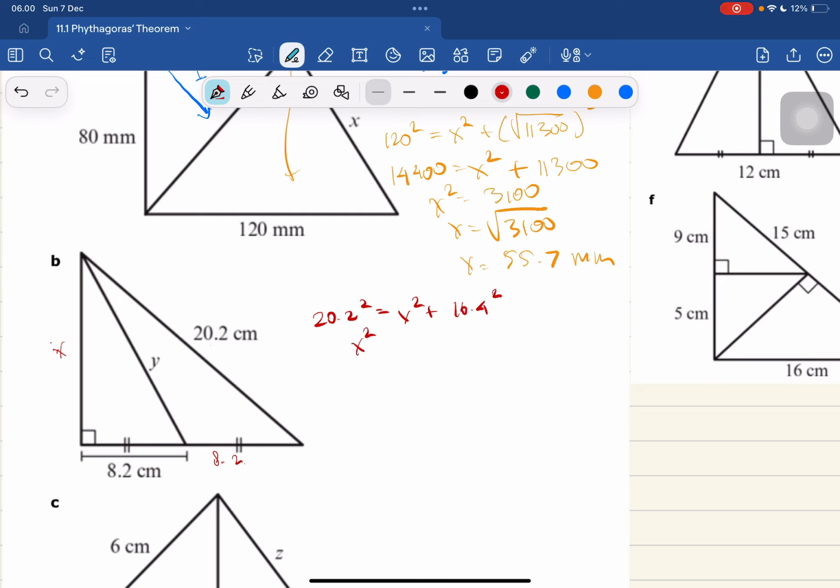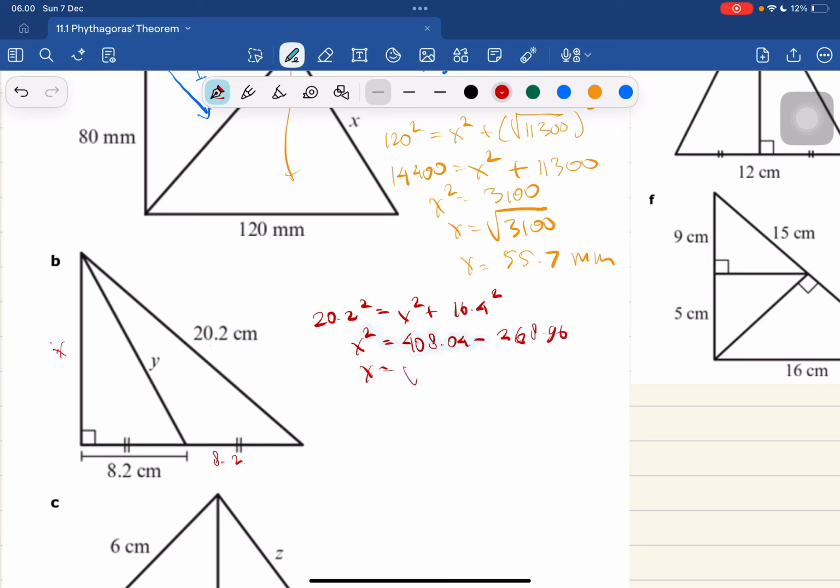So x squared equals 20.2 squared, which is 408.04, minus 16.4 squared, which is 268.96.